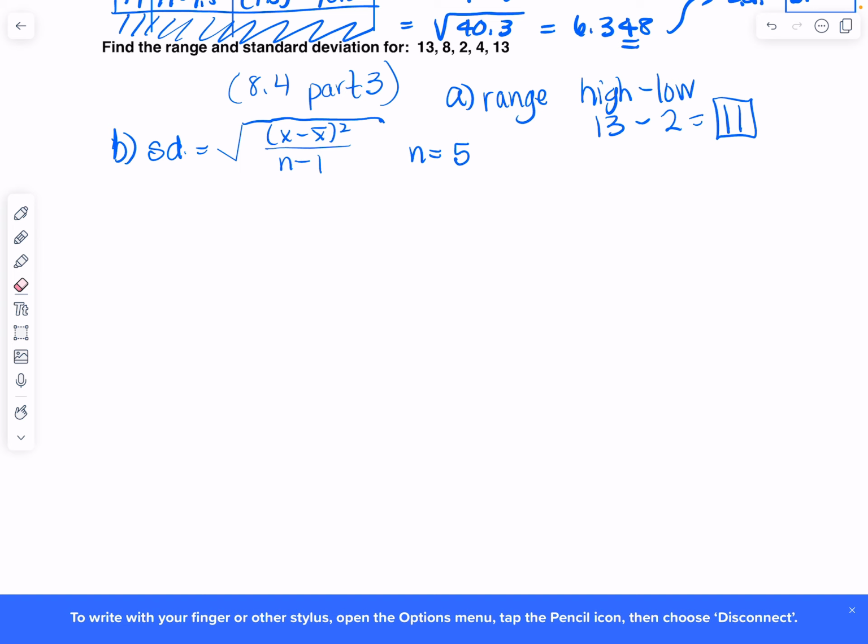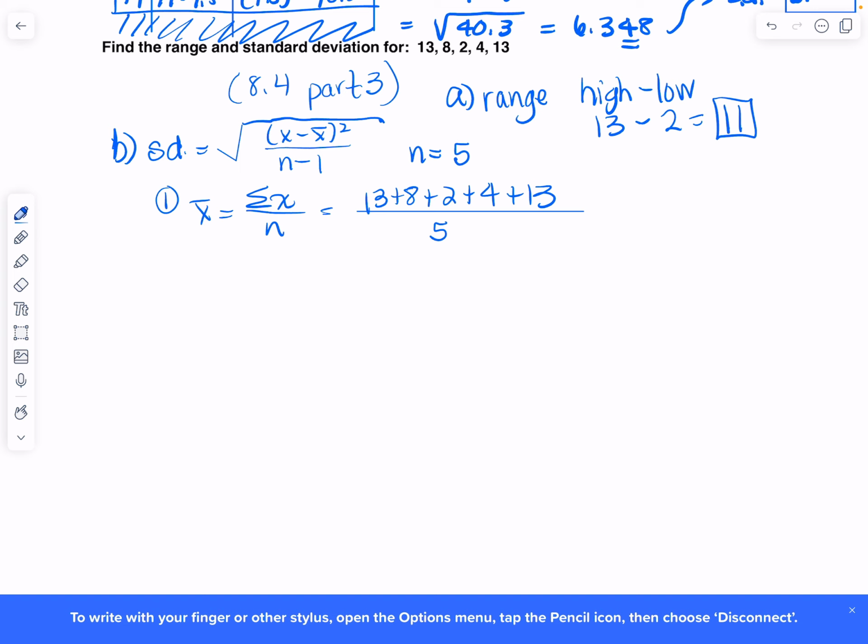So find the mean first. And remember the formula for that is sigma x, or sum all the x values, and divide that by n. Okay, so let's go ahead and get this started. We're going to do 13 plus 8, plus 2, plus 4, plus 13. Okay? And then we're going to divide that by n, which is 5.